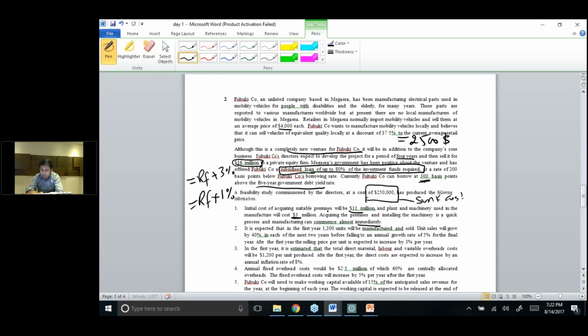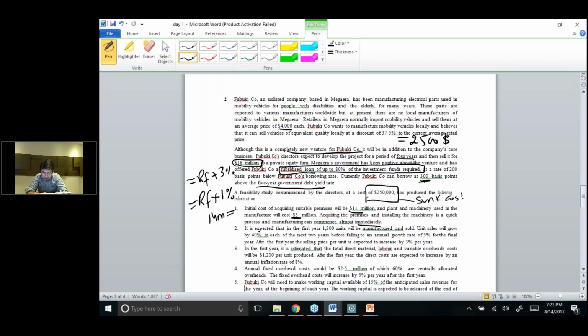That means both costs will be incurred in year 0. So the initial cost required is 14 million. That means you have to finance this 14 million from the funding, obviously the funding of debt and the other.